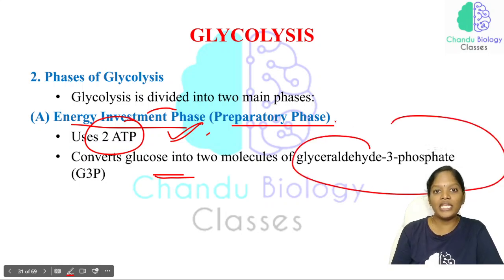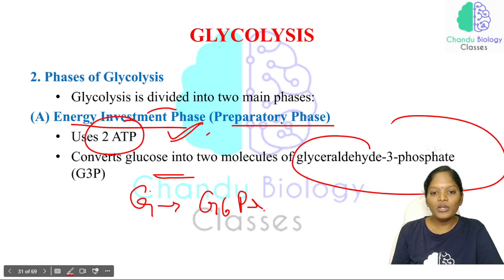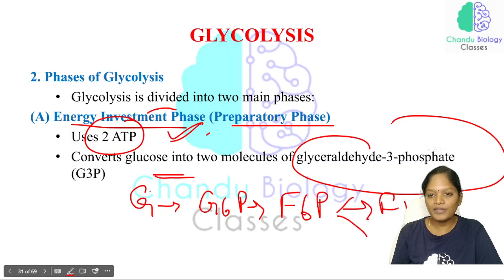In this preparatory phase, glucose is converted into glucose 6-phosphate, glucose 6-phosphate into fructose 6-phosphate, and fructose 6-phosphate into fructose 1,6-bisphosphate. Fructose 1,6-bisphosphate is then converted into glyceraldehyde 3-phosphate and dihydroxyacetone phosphate. Both are isomers.